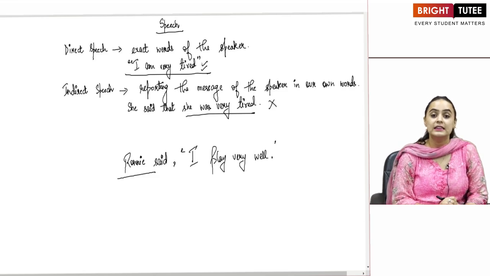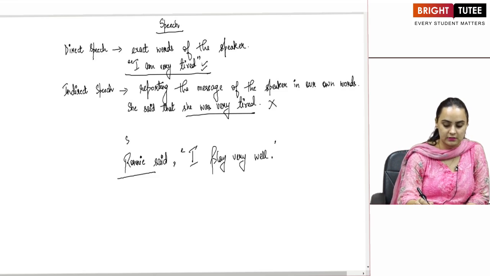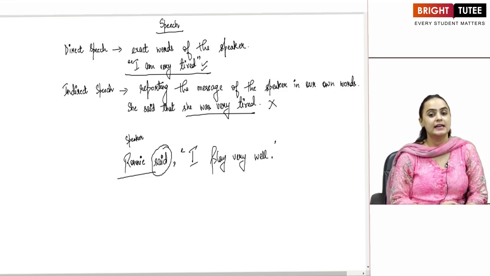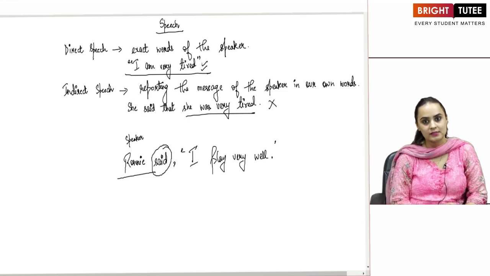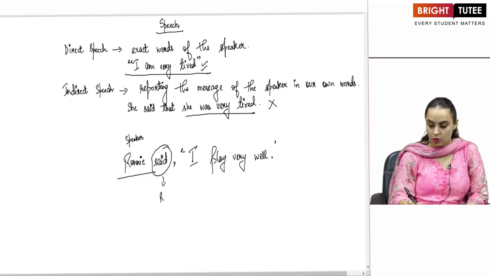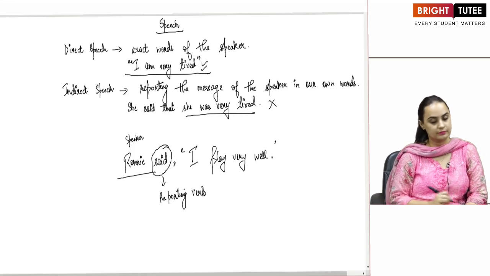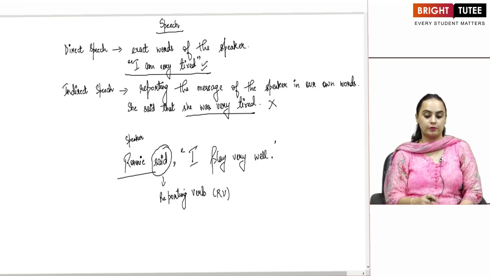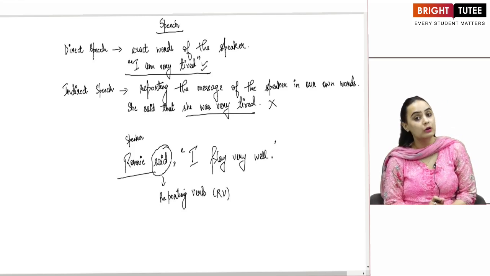Ronnie is the speaker of the sentence. Words like said, say, ask, whatever is written before the comma, this is a reporting verb. I am going to use RV as the short form for reporting verb throughout my video.